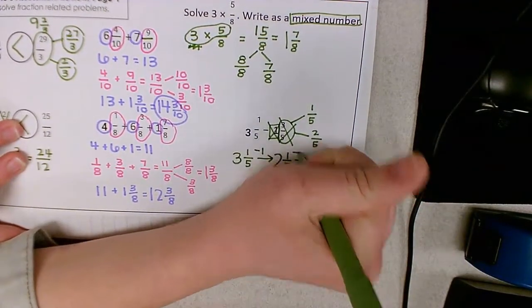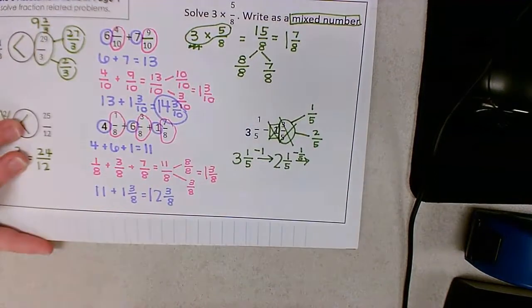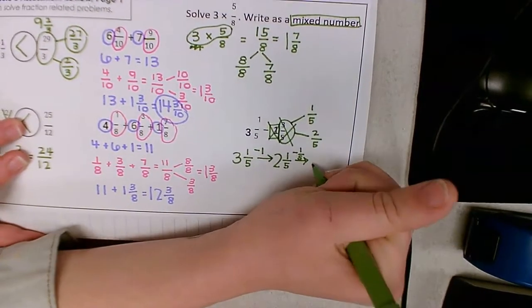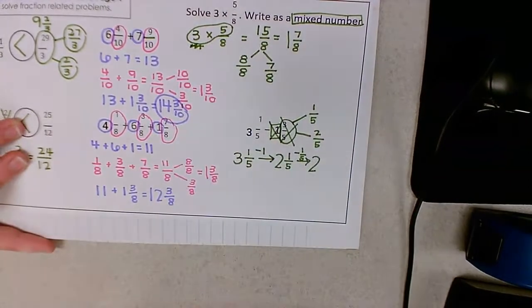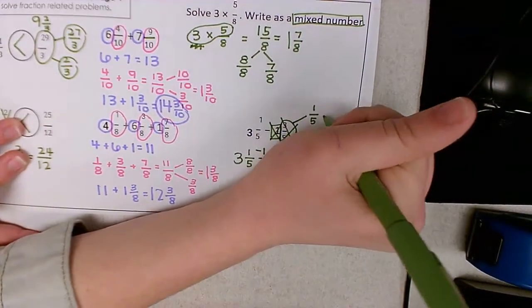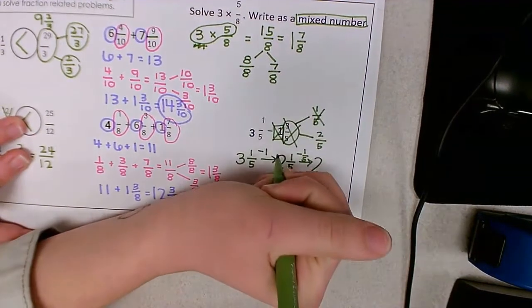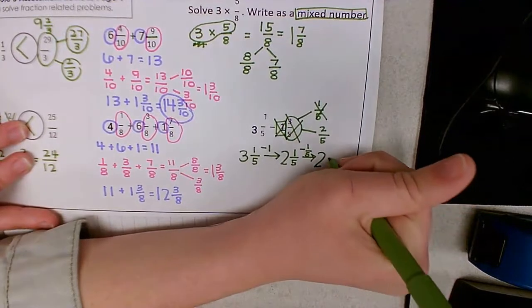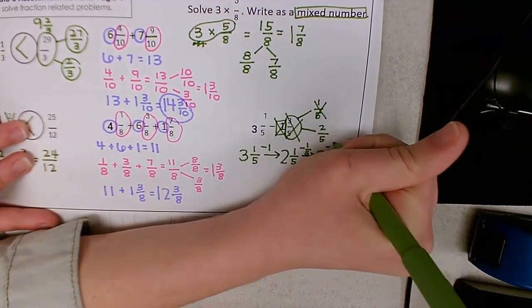Let's start with taking away that 1/5. 2 and 1/5, take away 1/5, leaves me with just the number 2. Okay, so I've taken away 1, 3/5, 1/5. All that's left for me to take away is 2/5.